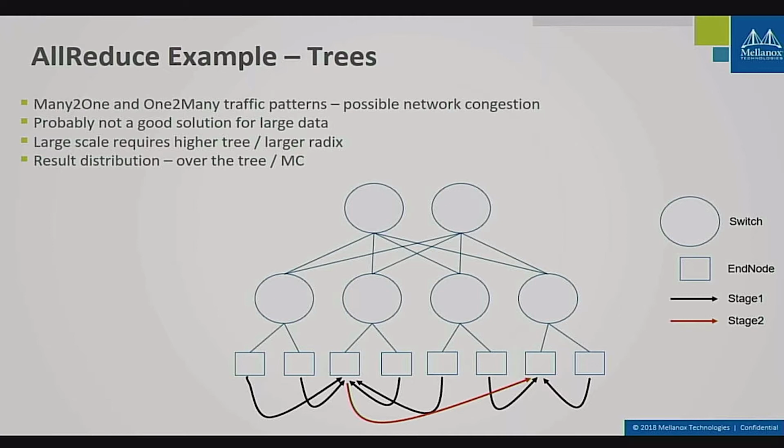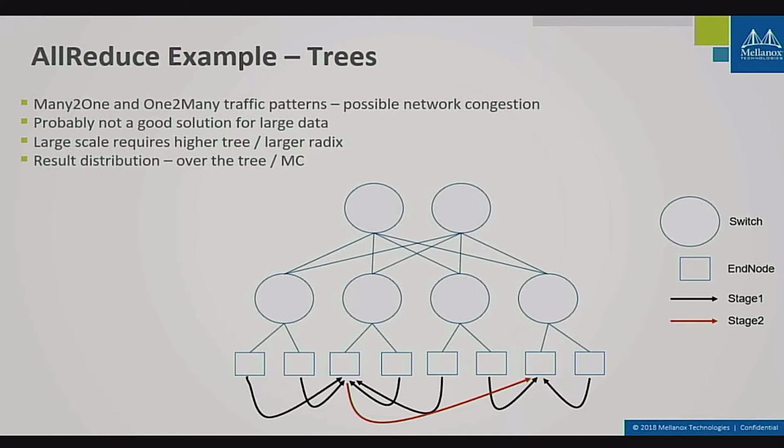So there are multiple ways to implement all-reduce. We all know the tree-based way. It's probably the most common implementation in different MPIs today. Sending data within a group into a single node, which will reduce the data, and then doing that in hierarchies, so you don't have too large a number of sources sending to a single destination.